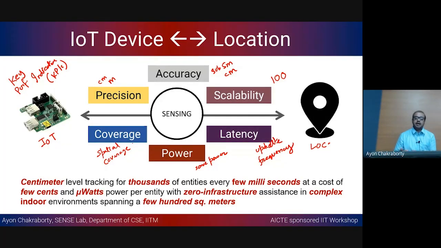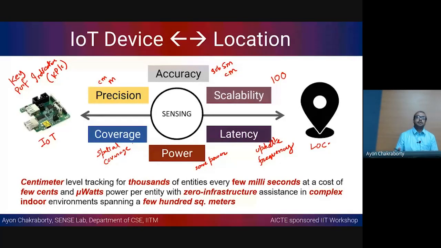In this slide, as we are seeing, the technology comes with a lot of trade-offs, in what context we want to deploy it. Maybe you want to scale it up to a large extent and you don't care much about accuracy, maybe 10-meter accuracy is good enough, but in a smart city scenario you want to support several thousand devices.